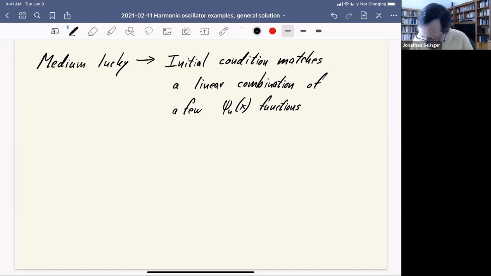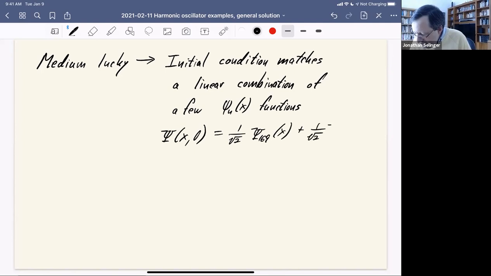So that could be that psi of x and 0 is, for example, 1 over root 2 psi 169 of x plus 1 over root 2 psi 170 of x.